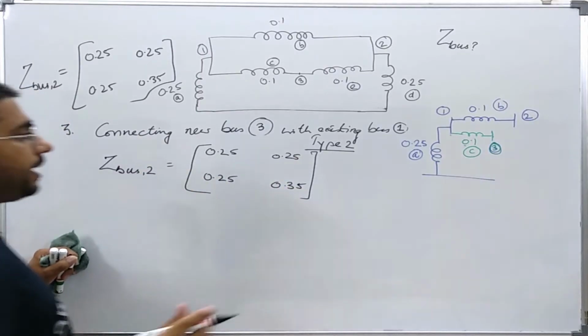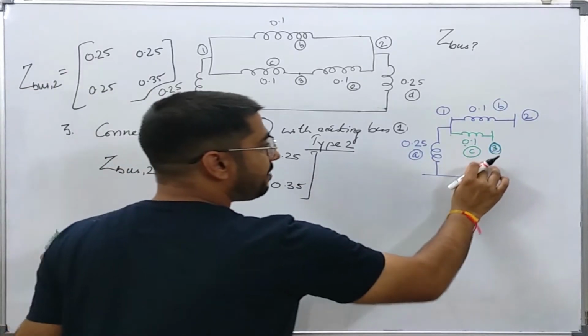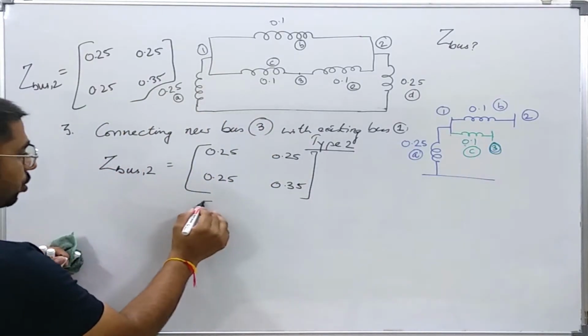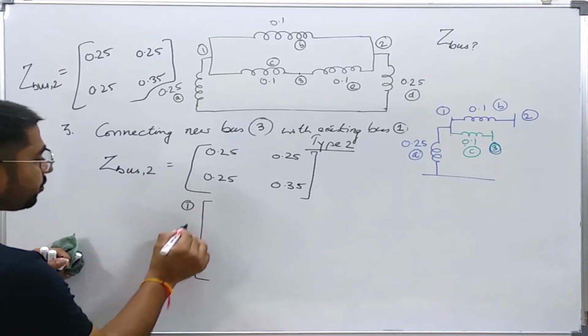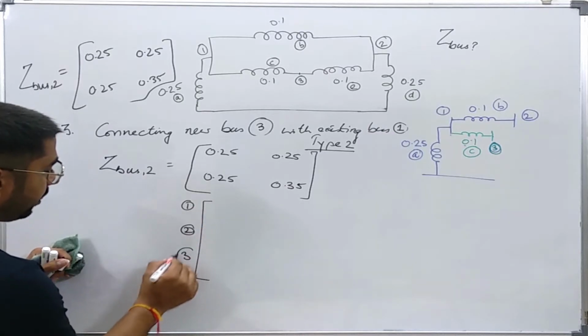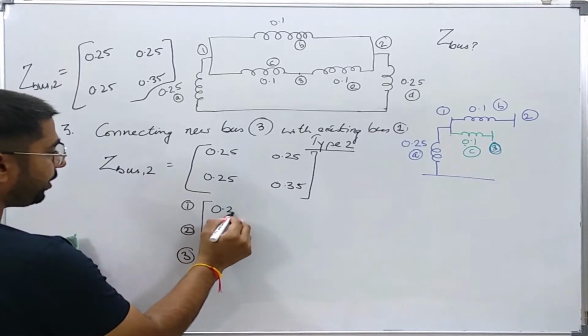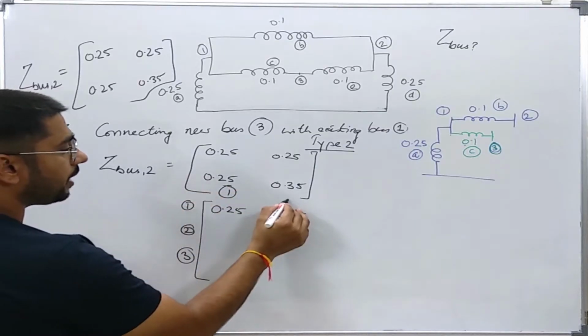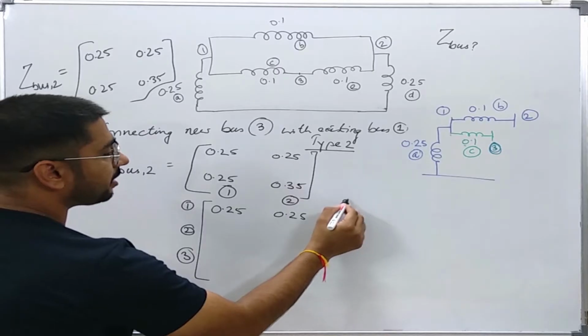Now when we add element number C, a new bus number 3 will be there. So another row corresponding to bus number 3 will come, 0.25, 0.25. Similarly, another column corresponding to bus number 3 will come here.